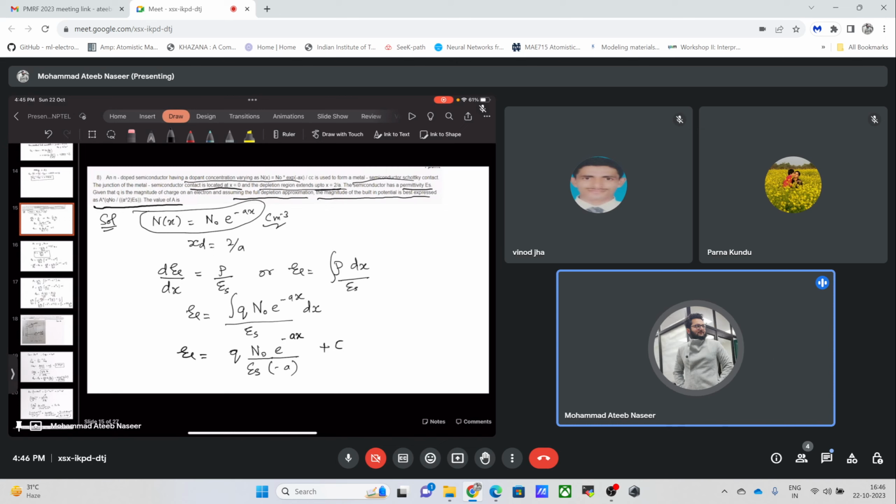But I guess they have provided a solution for this as well. Let me check the solution. Moreover, I cannot guarantee. Okay, they have said we have to solve the Poisson's equation, which is as expected.